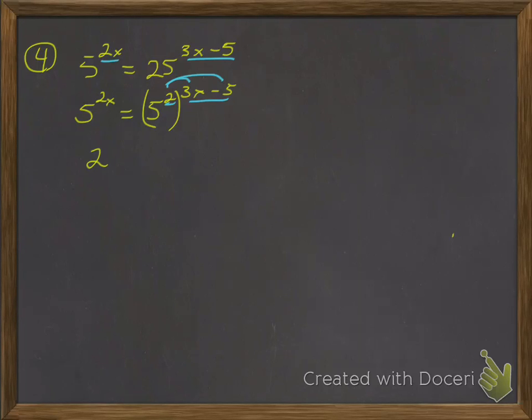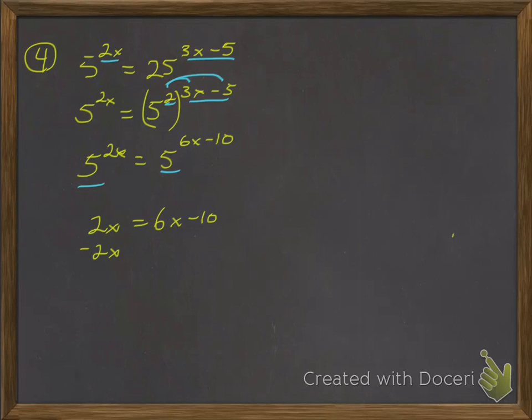So you get 2x, I'll write it this way. 5 raised to the 2x is equal to 5 raised to the 6x minus 10. Now the bases are the same, so you can set the exponents equal to each other.